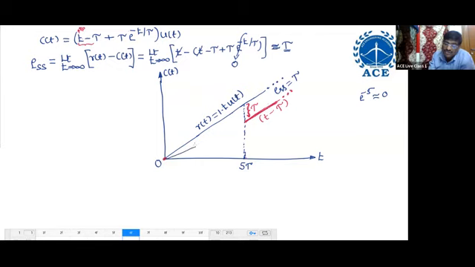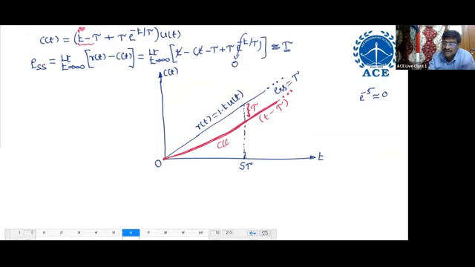Now join these two. Then it is called the output. Whenever you want to draw the response, find the value at t equal to 0, find the value at 5 tau, join it. That will become the output.